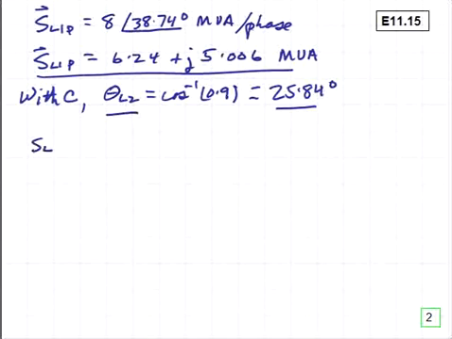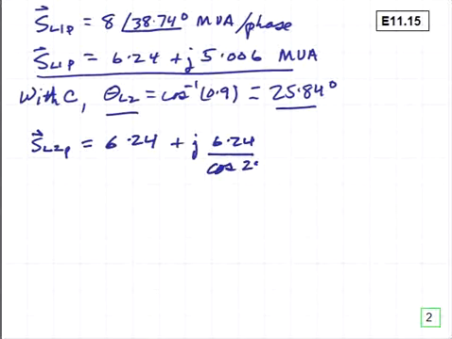After adding the capacitors to improve the power factor, we'll have a new expression for our complex power, SL2 per phase, equal to 6.24, the original real power dissipated in the load, which remains unchanged, plus j 6.24 divided by the cosine of the 25.84 degrees, and then multiplied by the sine of that same angle, 25.84 degrees.